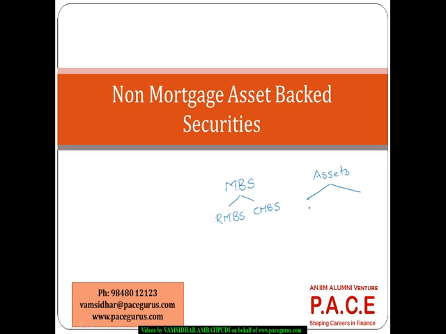So different other kinds of financial assets could come out in terms of different kinds of loans. It could be small business loans, student loans, or automobile loans.